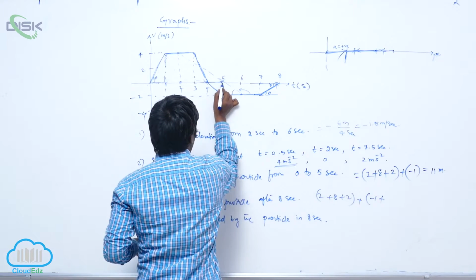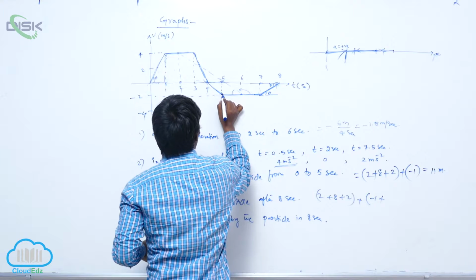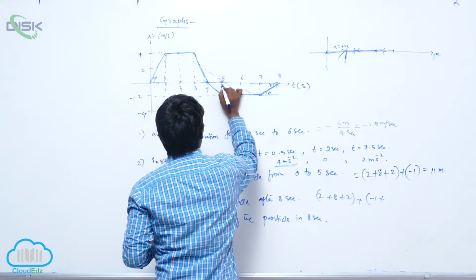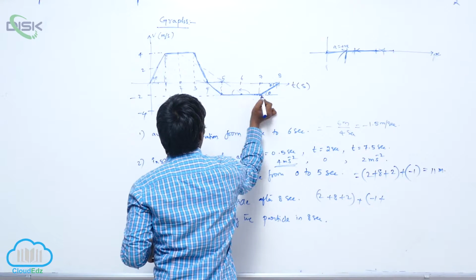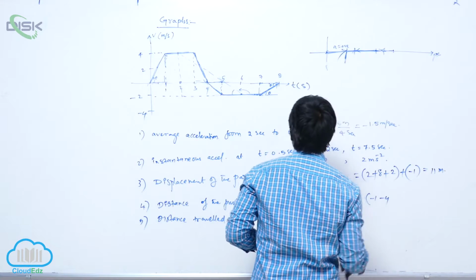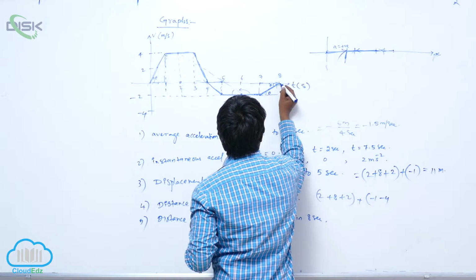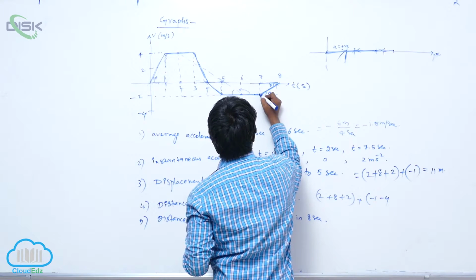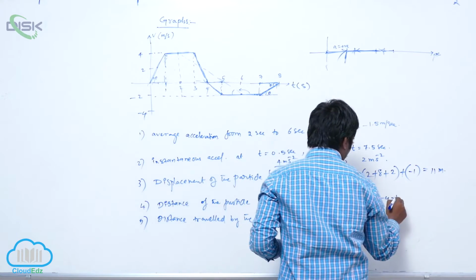This is a rectangle, so this length is 7 minus 5, that is 2 units, and this is also 2, so length into breadth, 2 into 2, 4, so minus 4. Again, half into base is 1, height is 2, so 2 by 2 is 1, that is minus 1 again.